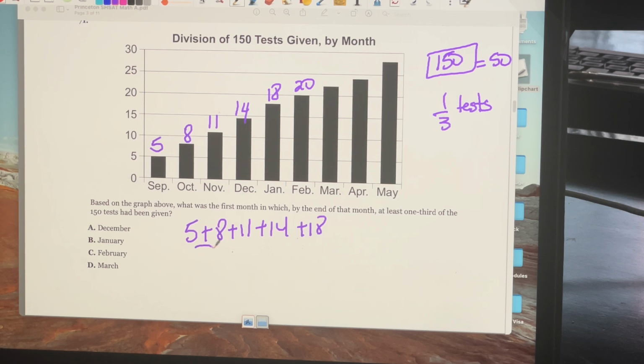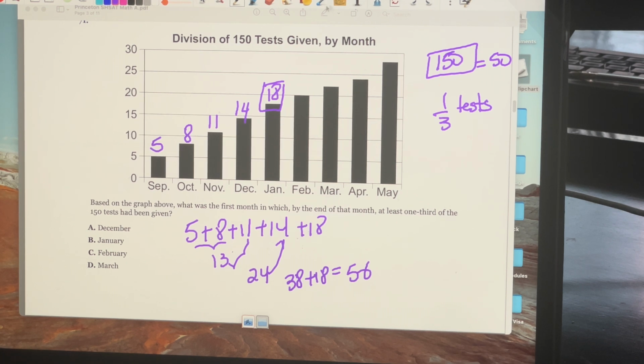Let's see what we get. 5 and 8 is 13. 13 and 11 is 24. 24 and 14 is 38. 38 plus 18 is 56. So it looks like January, right? So by the time January hits, I would have given 1/3 of the tests.